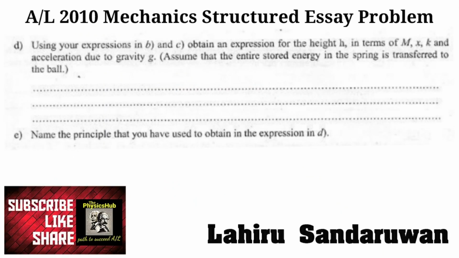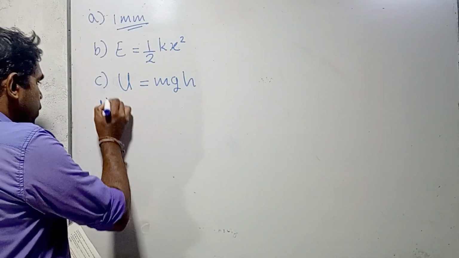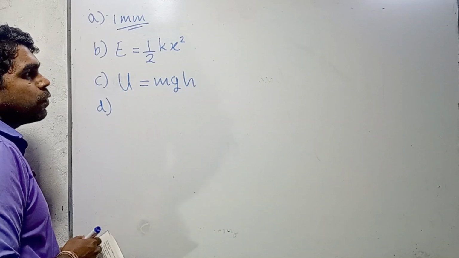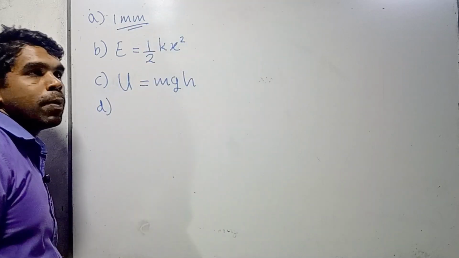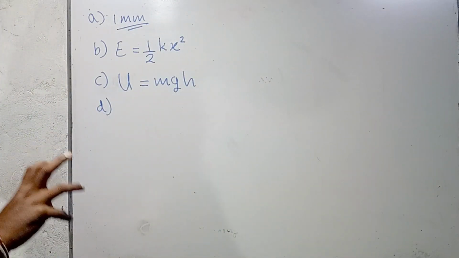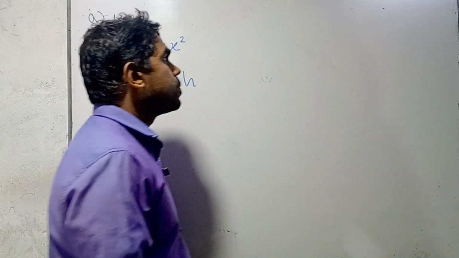Then part D, using your expressions in B and C, obtain an expression for the height h in terms of m, x, k and acceleration due to gravity g. We can equate the two types of energy, because the energy stored in the spring is the energy given to the ball. First, that energy will convert to kinetic energy of the ball.